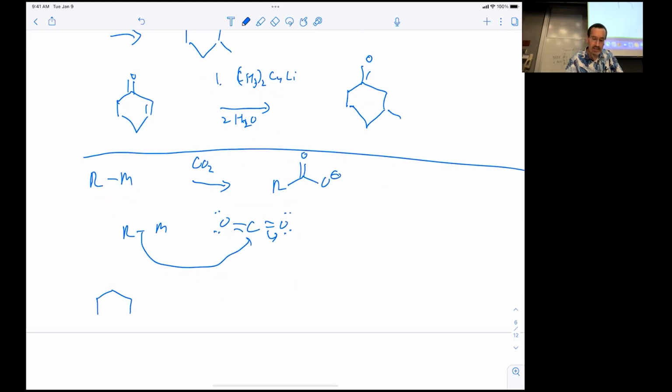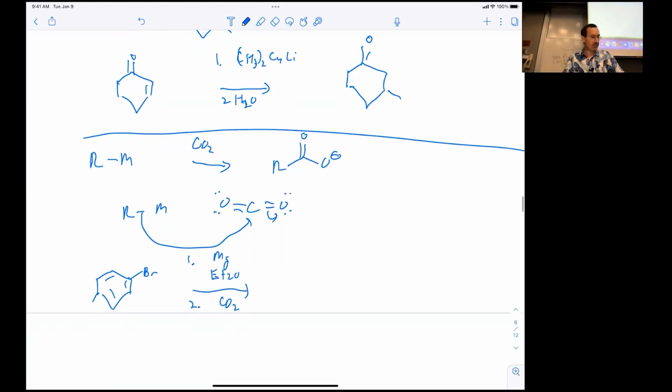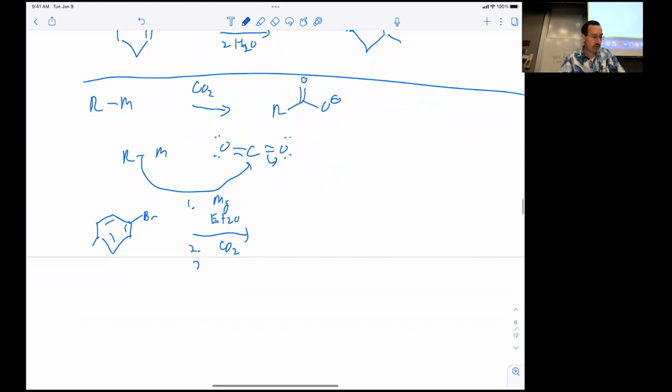So if I take tolyl magnesium bromide, and again, I'm just playing and writing various molecules, and I treat it first with magnesium in diethyl ether, and then I go ahead and I add carbon dioxide. Sometimes you can even throw in chunks of dry ice into your reaction mixture to do it, or you can add carbon dioxide gas.